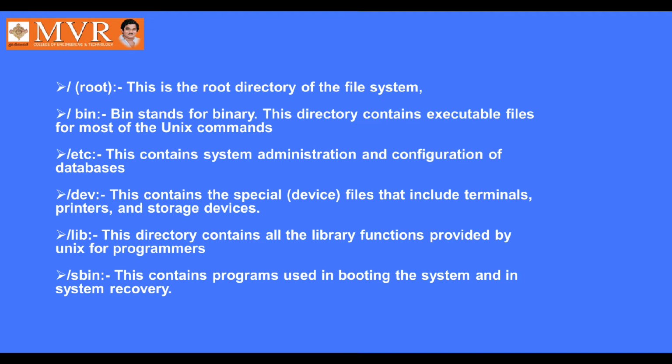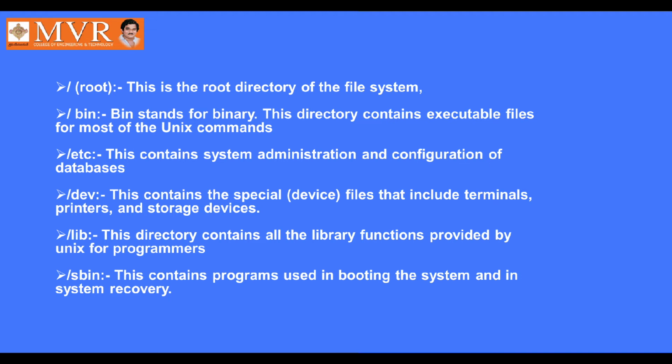Similarly, if you have two printers, their information will be stored as slash dev slash printer1 and slash dev slash printer2. All devices will have some numbers, and those numbers will be used to identify the devices, right?